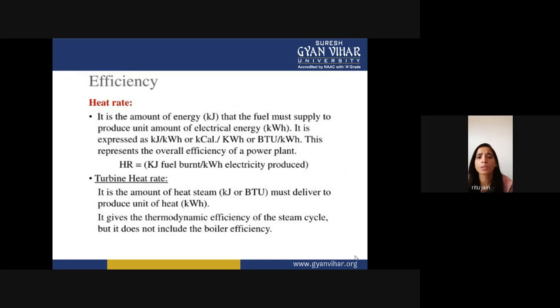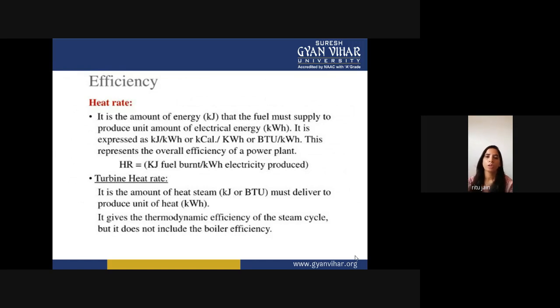One of them is heat rate. We have already discussed that the unit of energy you can represent in kilowatt hour, or in kilojoule. It is the amount of energy that the fuel must supply to produce a unit amount of electrical energy.